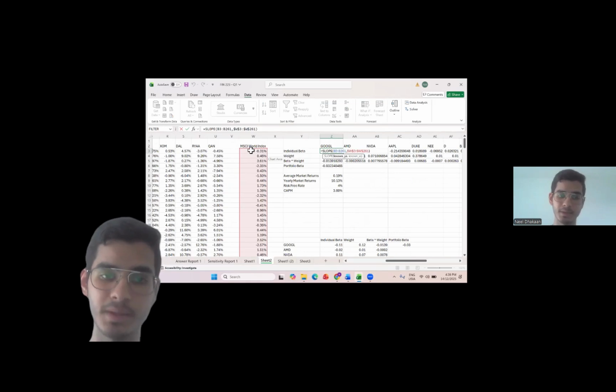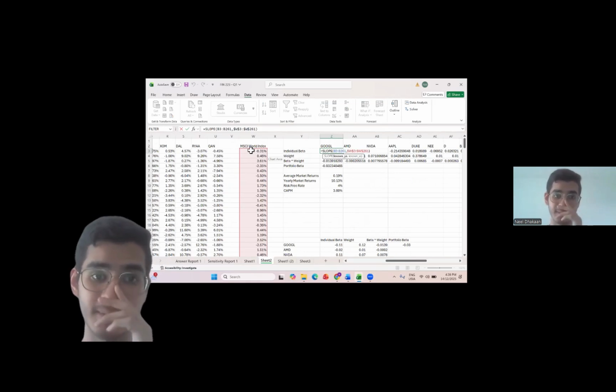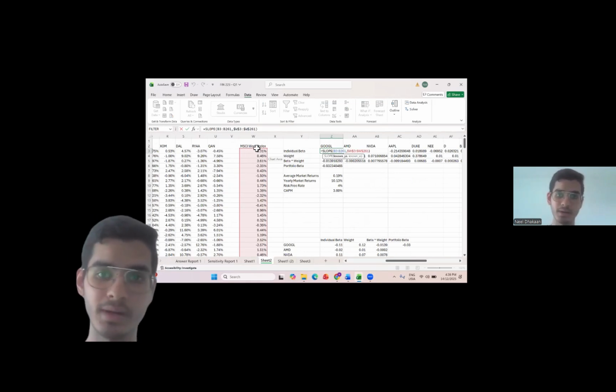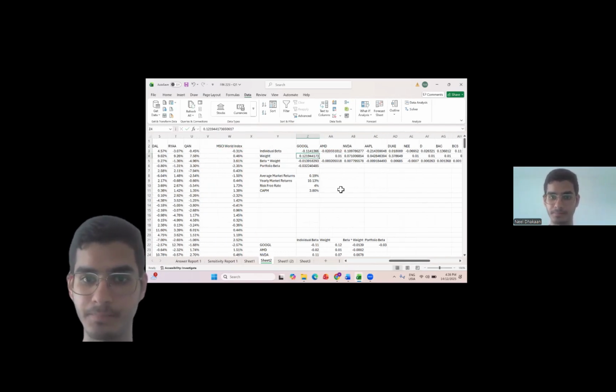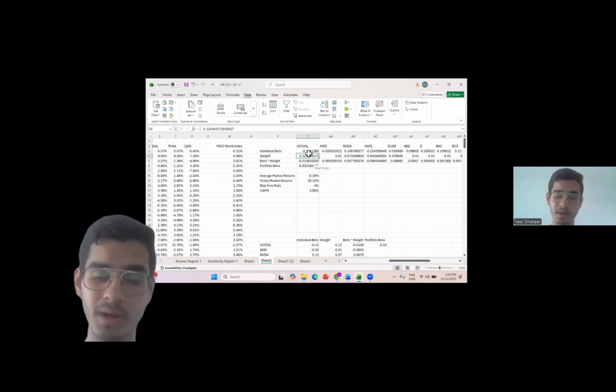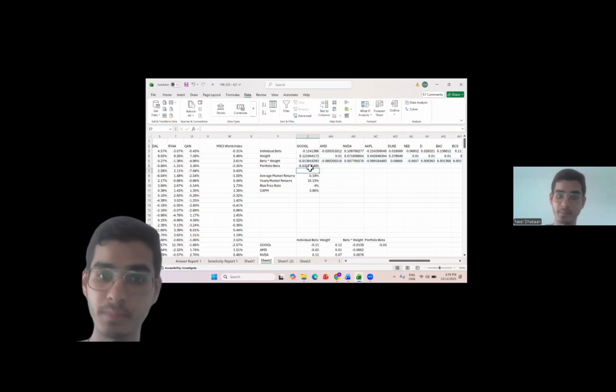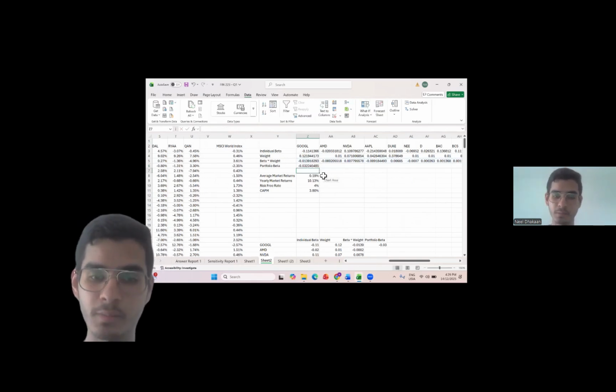In this case, the market return is MSCI World Index. Then I had to multiply the individual beta with the weight, and the sum of the beta times the weight for each of the stocks gave me the portfolio beta. So my portfolio beta is like minus 0.03. So it's close to zero.